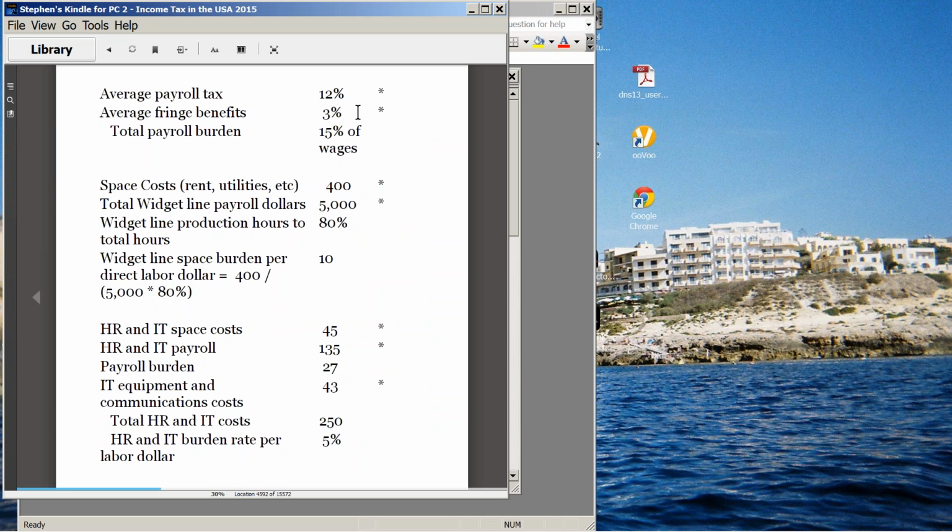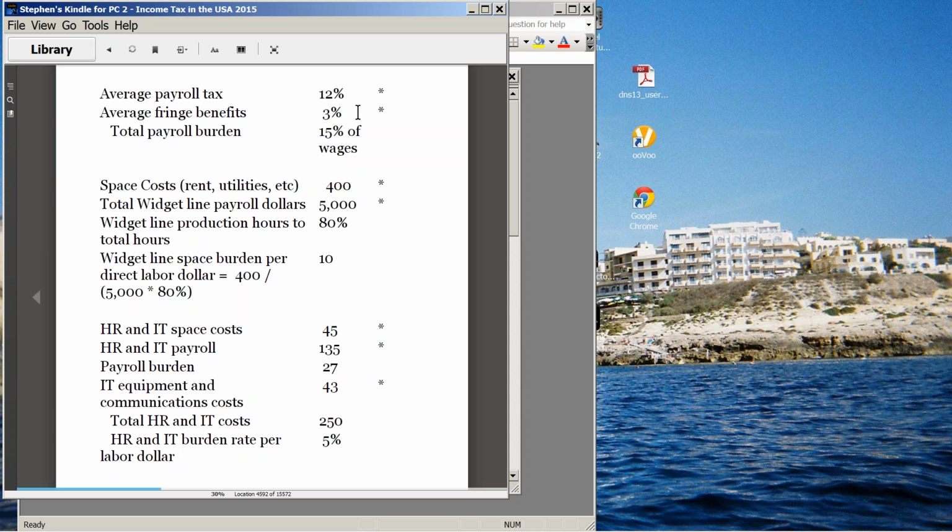So here we've chosen to allocate space costs effectively as an additional burden on labor dollars, but only to the production dollars, because otherwise we'd just be reallocating. We need to allocate HR, IT, payroll, and space costs, and the payroll burden associated with those.